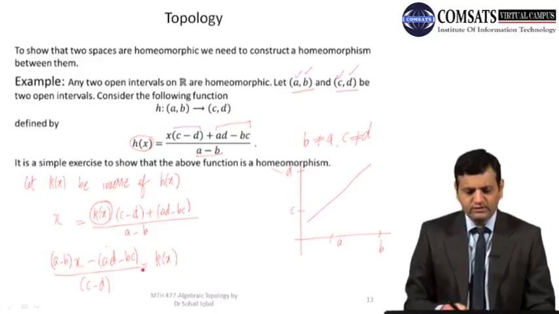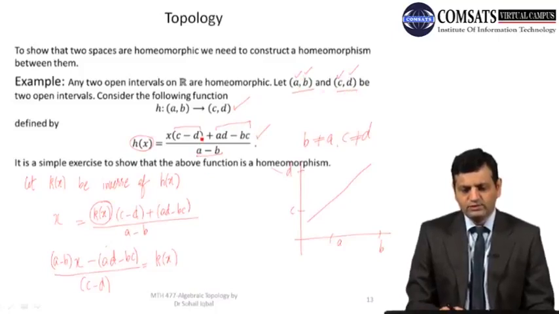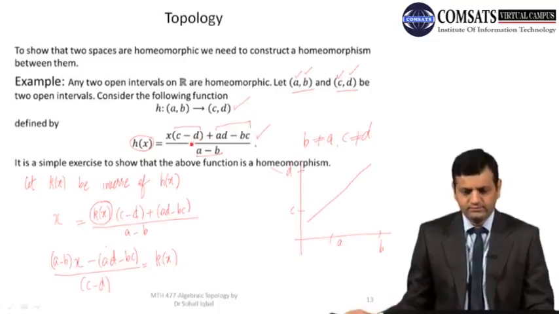As a polynomial it is a continuous function. So h of x is continuous, it is bijective, and its inverse is continuous. So this function h is a homeomorphism from the open interval (A, B) to (C, D). So any two open intervals on R are homeomorphic.